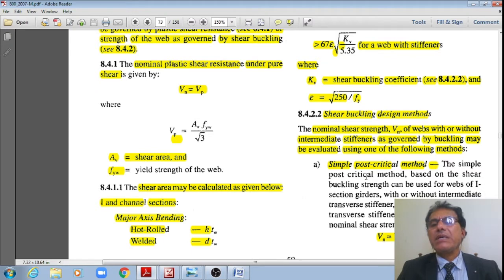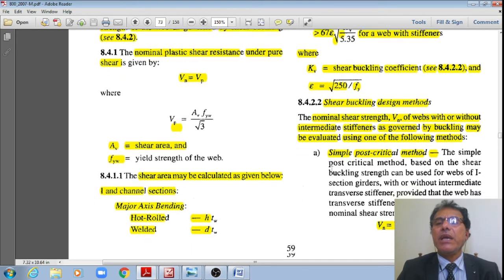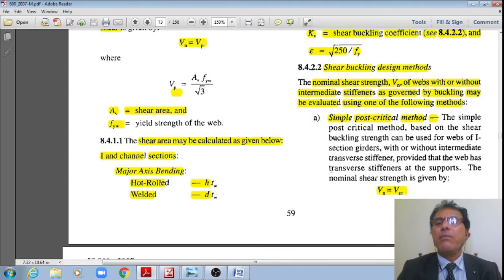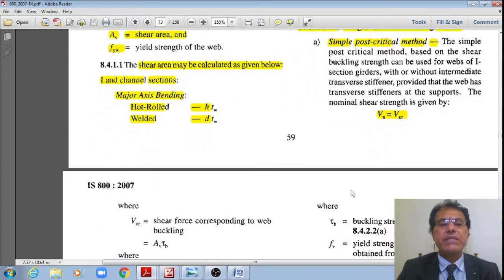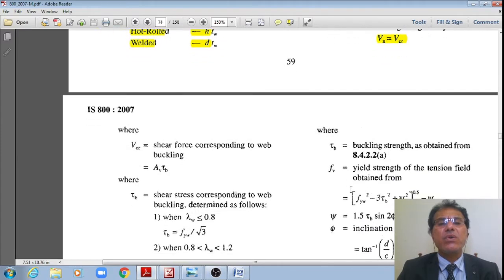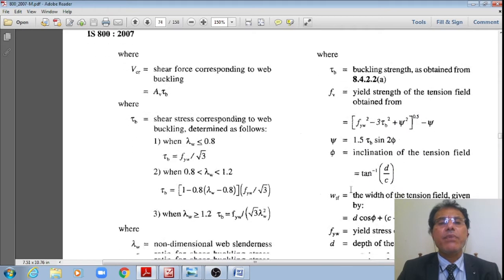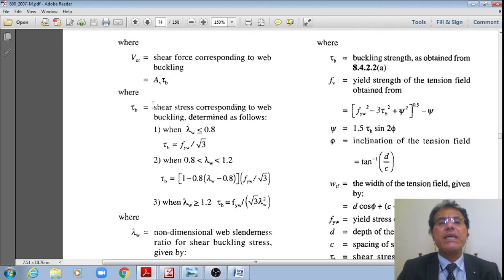And now the shear buckling design methods are specified. The nominal shear strength Vn of webs with and without intermediate stiffeners, as governed by buckling, may be evaluated using any one of the two methods. One is the simple post critical method, where Vn is equal to VCR, where VCR is equal to AV multiplied by tau B, where tau B is the shear stress corresponding to web buckling.